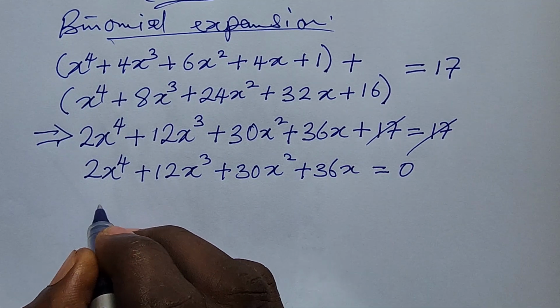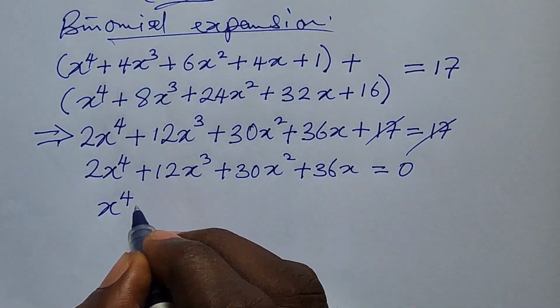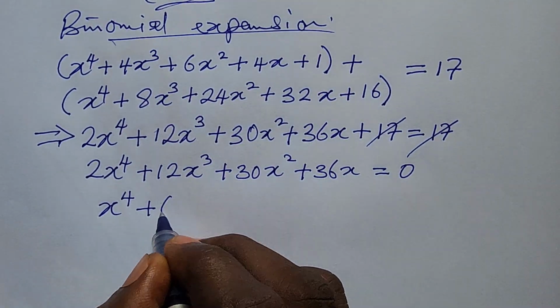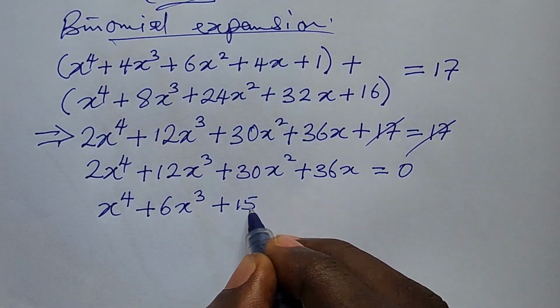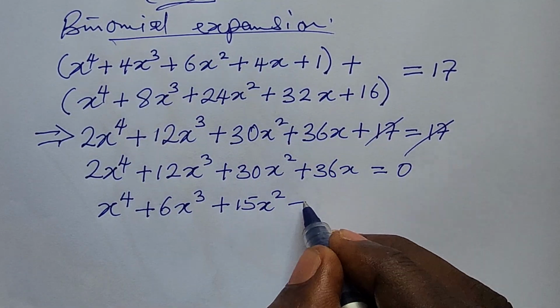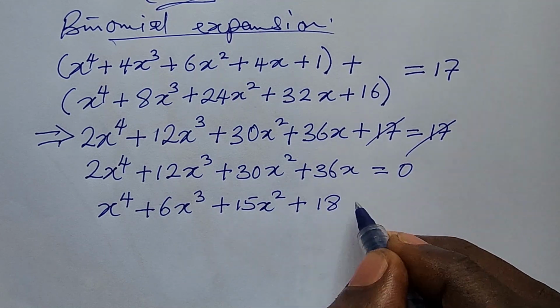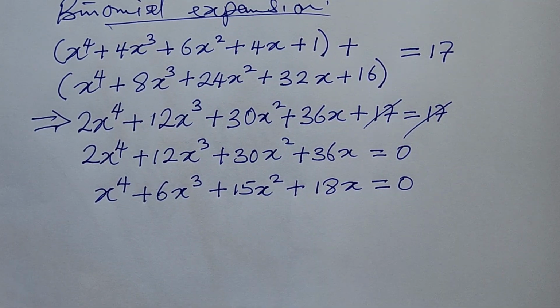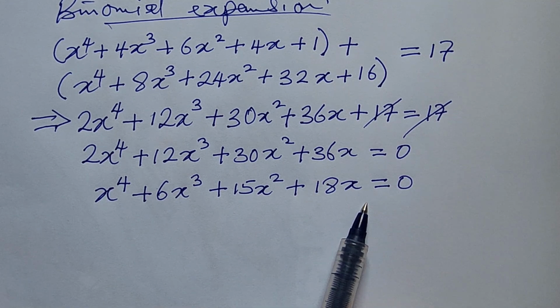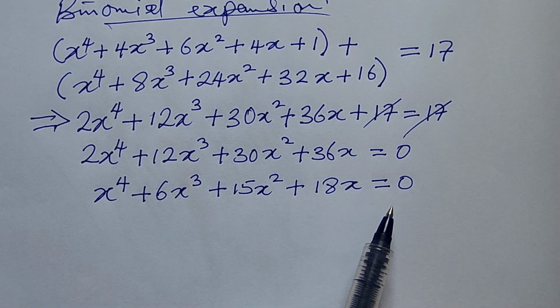If we divide through by 2, we end up having x^4 + 6x^3 + 15x^2 + 18x = 0. Again, you discover x is common too. So we are not to divide by x.